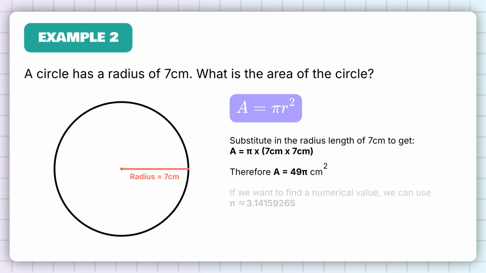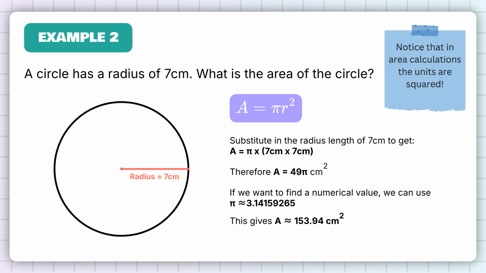Again, using the approximation for pi we learned earlier, we find that the area approximately equals 153.94 centimeters squared. Notice that when calculating area, the units of the answer are squared. This is because when you square the radius, you need to think about squaring the units also.